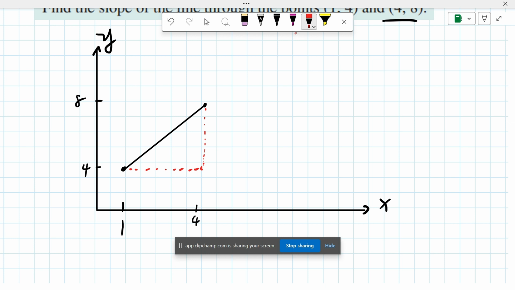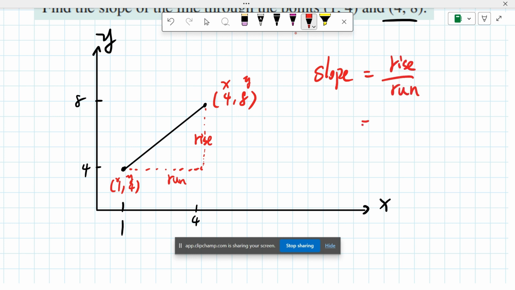Let's have a look. This one is 4, 8, that means x and y. This is 1, 4, that means x and y. Now, slope means rise over run. So can anyone say the rise? It's from 4 to 8. What's the number? 8 minus 4. What are the units between 8 and 4?